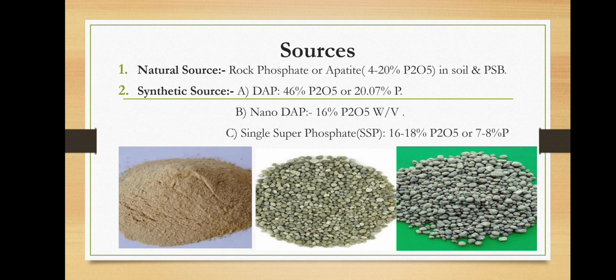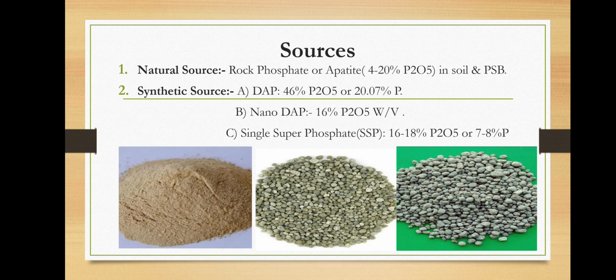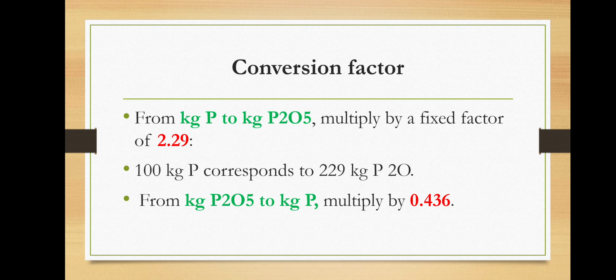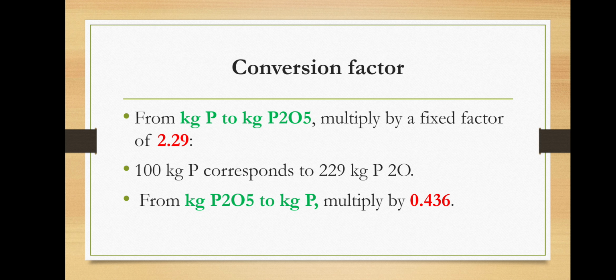Now the conversion factor. If we know that 20.07% P is present in DAP, how do we find the P2O5 percent? We must multiply 20.07 by 2.29, then we will get 46% P2O5. This is one factor.